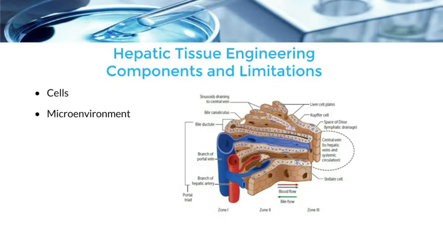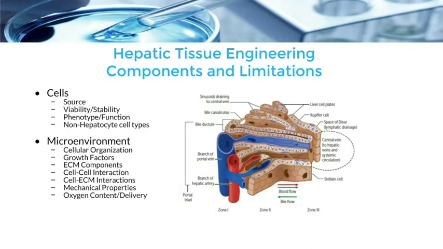And the question is, what is the major driver for this process? In a large body of literature that I'm not going to present today, what we and many others have shown is that the microenvironment, the environment in which these cells are sitting, dictates through both physical signals as well as chemical signals to the cells, and it's through these signals that the differentiated phenotype and function of hepatocytes are maintained.